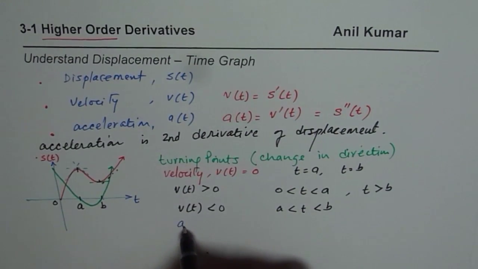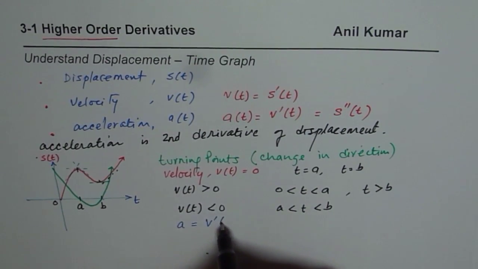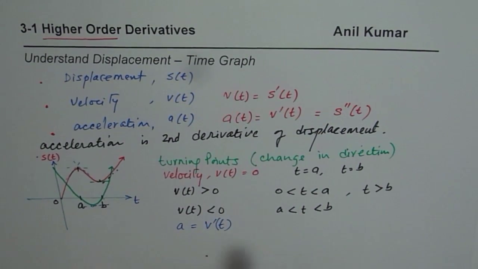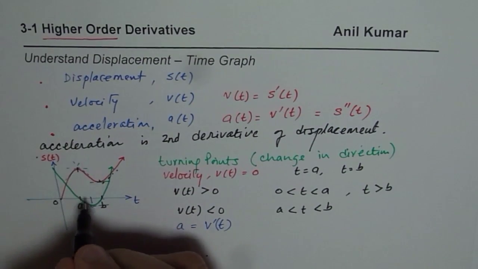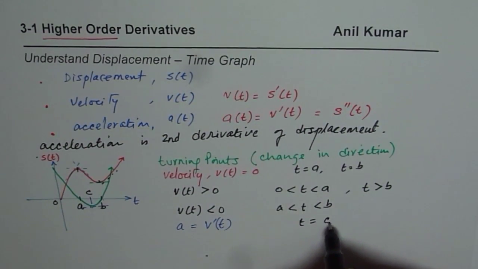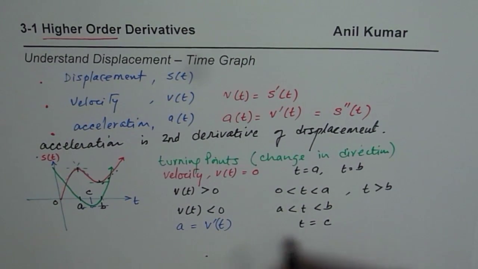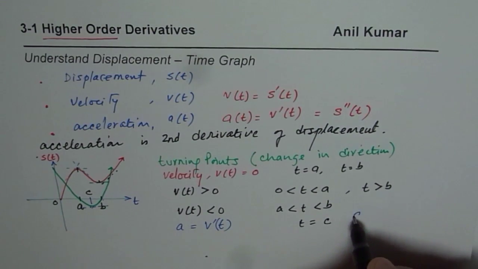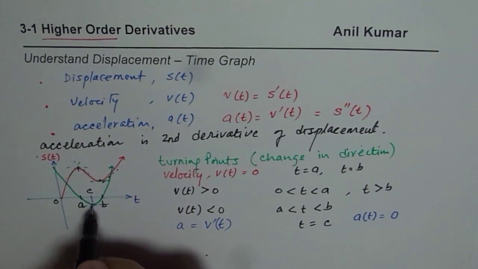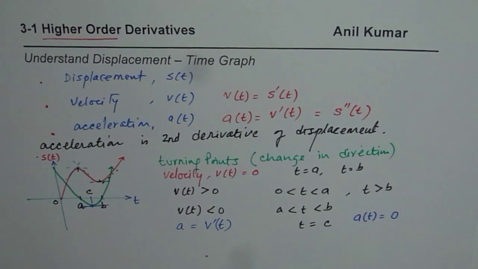Now acceleration is change in velocity. Is it okay? So you see, at this point the velocity is 0. So let's call this point, let us say, c, right? So at t equals c, we find that, now let me write acceleration on the right side. Acceleration is equal to 0 at c. Do you see? Because we have a horizontal tangent at t equals c.